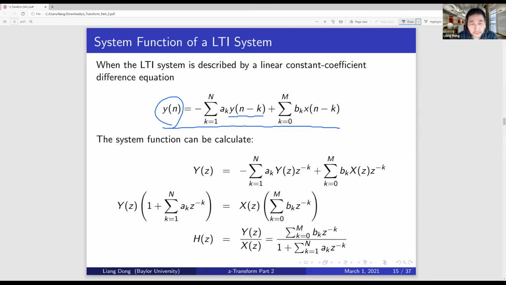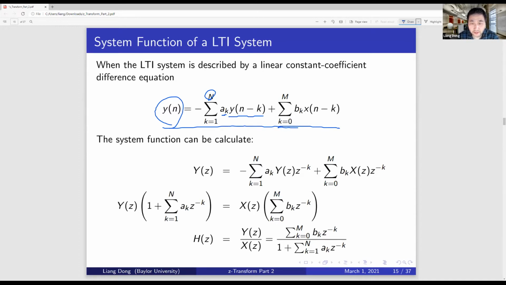And my system is called order of capital N because I need to have N memory spots in the system to store all these N outputs, y[n-1], y[n-2], all the way to y[n-N]. And these memory registers, if you like, will be weighted by coefficients a. And we call this feedback.